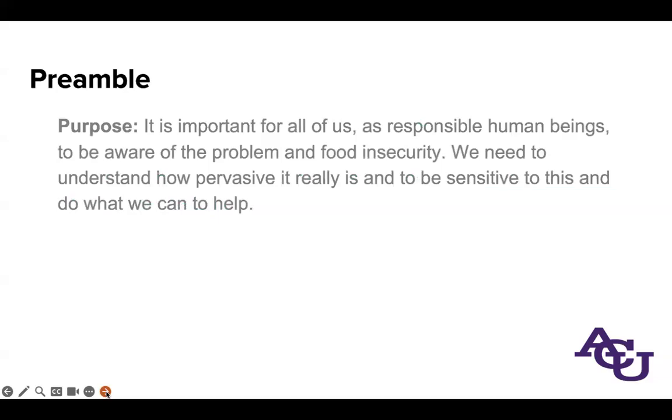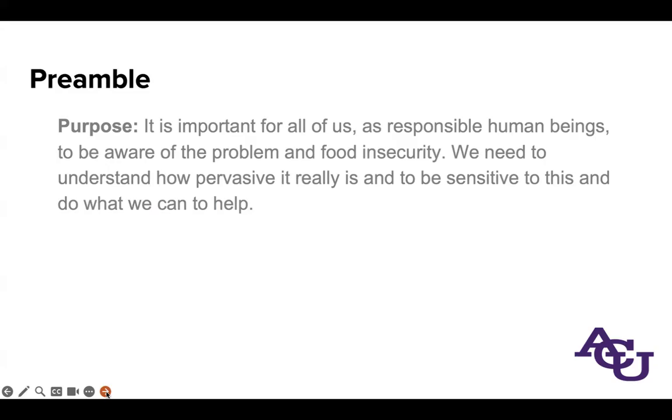And again, this is important. This is getting down to humanity. The purpose, quote, it's important for all of us as responsible human beings to be aware of the problem of food insecurity. We need to understand how pervasive it really is and to be sensitive to this and to do what we can to help.